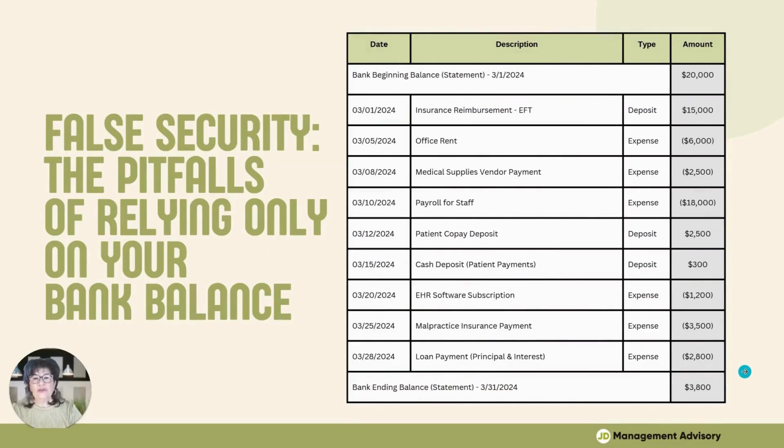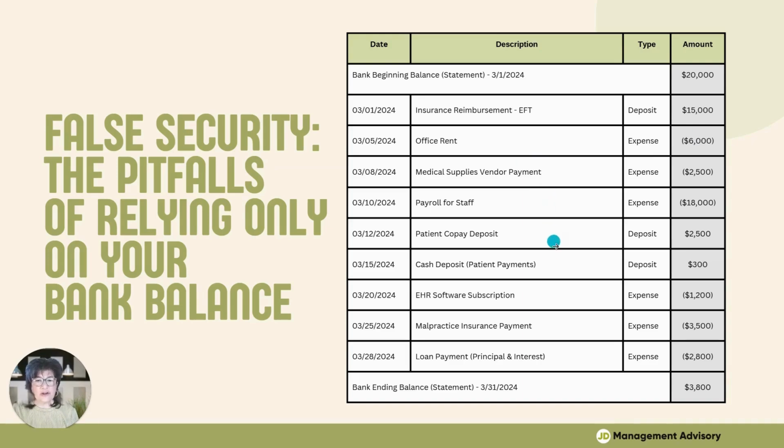So here we have a sample simplified bank statement. We started at the beginning of this March, 2024, with $20,000 in the bank, according to the bank statement. And then we had various revenues and expenses that most businesses have.